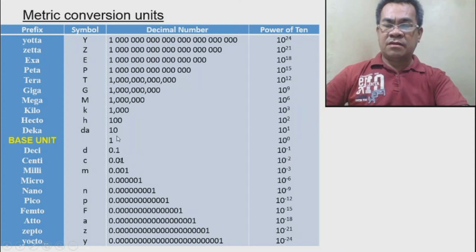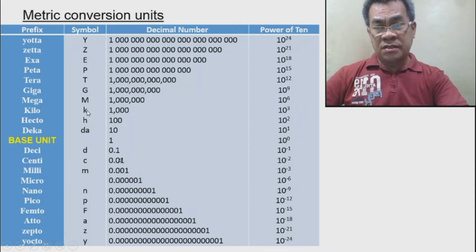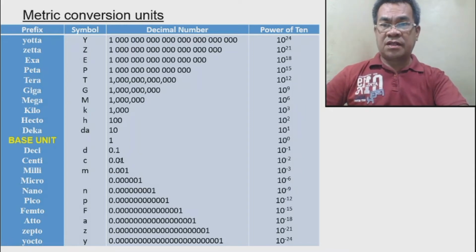For example, by the way, the base unit is 1, so these are the prefixes. If your unit is in meter, then going upward, use kilometer or megameter or gigameter.